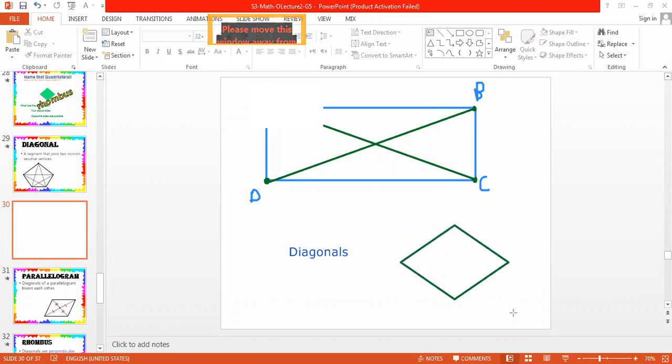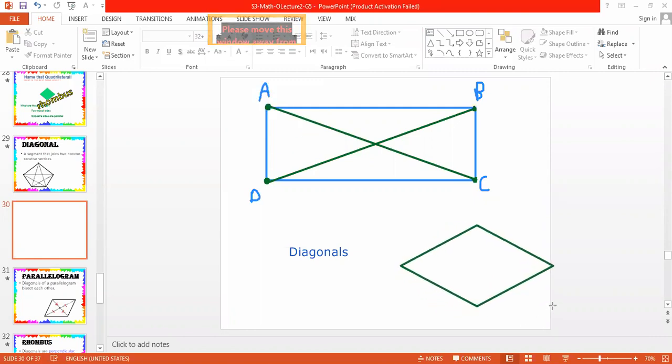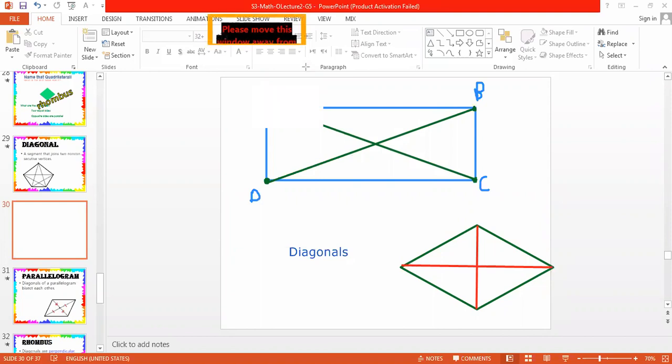I'm going to draw another shape. Suppose that we have here this rhombus. Let us join the vertices with each other. I'm going to join this vertex with this vertex and this vertex with this vertex. What do we call these lines? Diagonals. Excellent. I'm going now to draw a square.